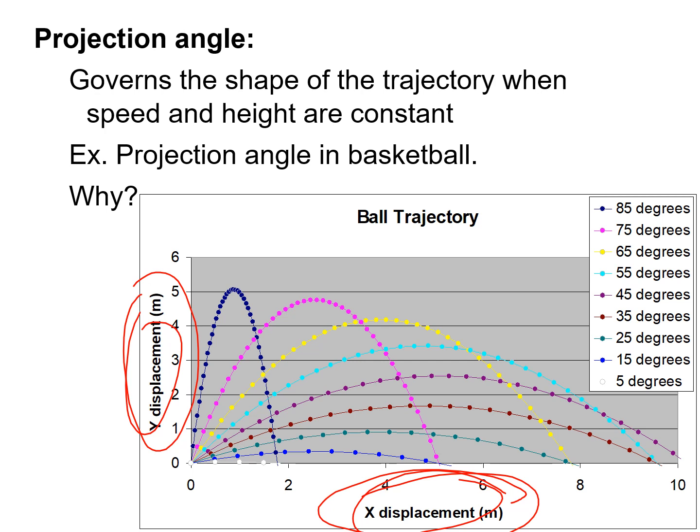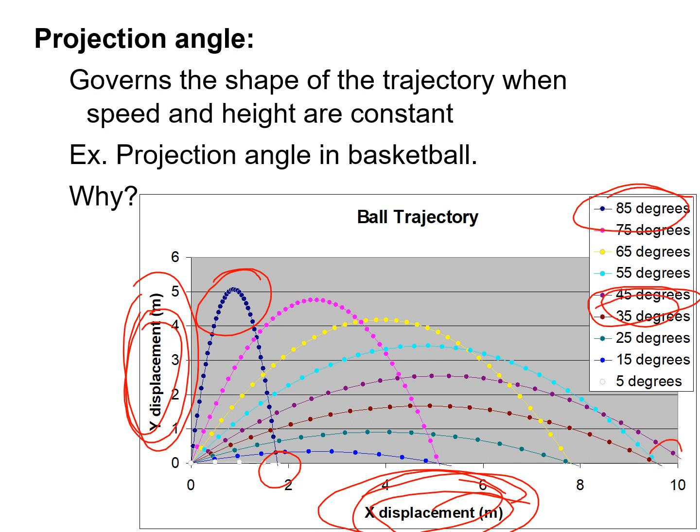Generally, the greater the angle, the higher it goes, but the less far it travels. When we go to a shallower angle, the vertical displacement starts decreasing and the horizontal displacement starts increasing. But we see at 45 degrees, we get the maximum of both.